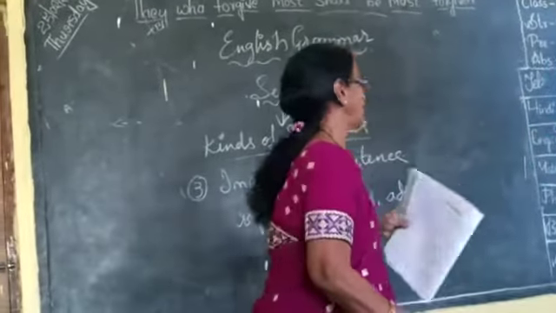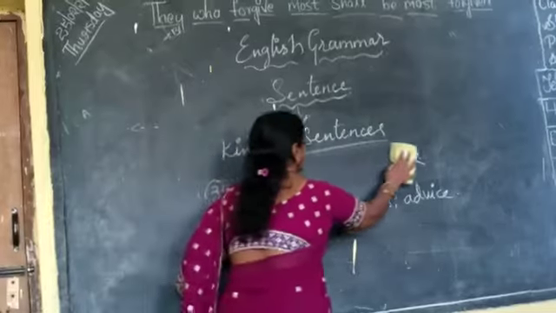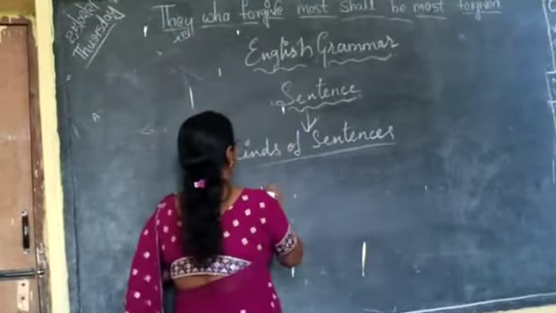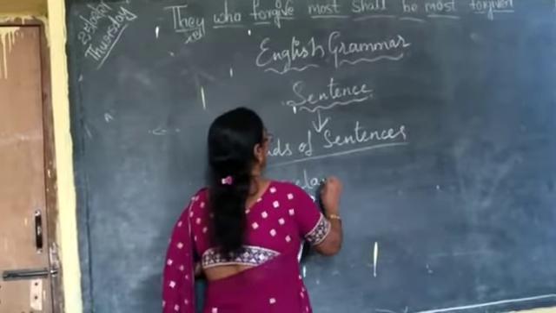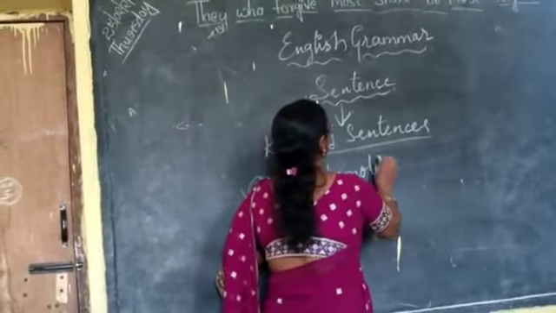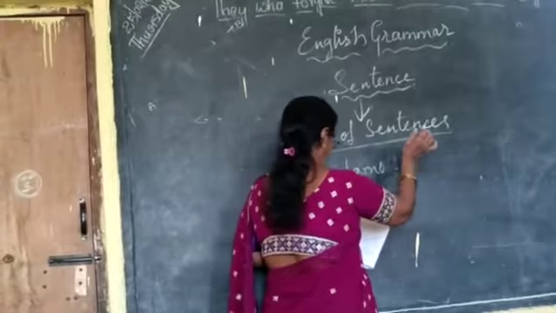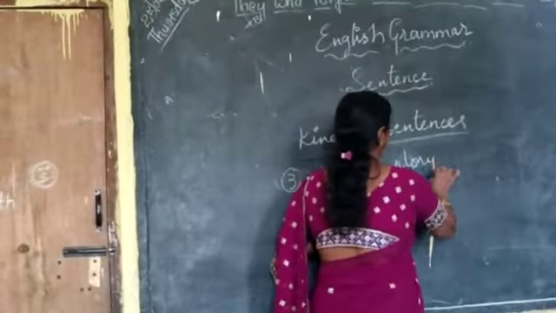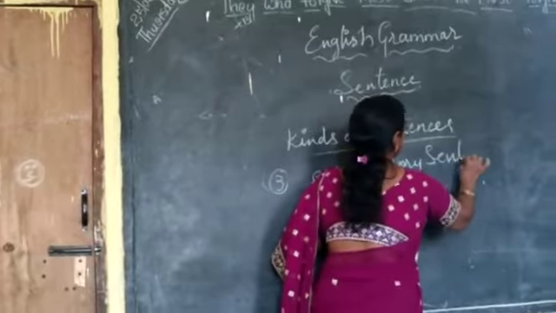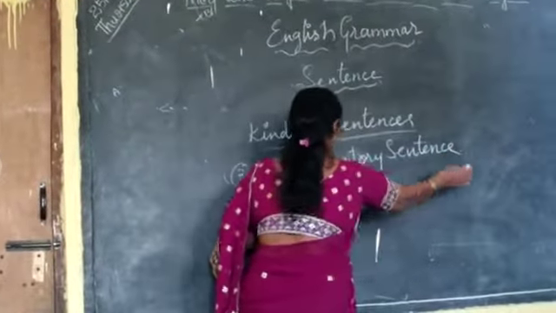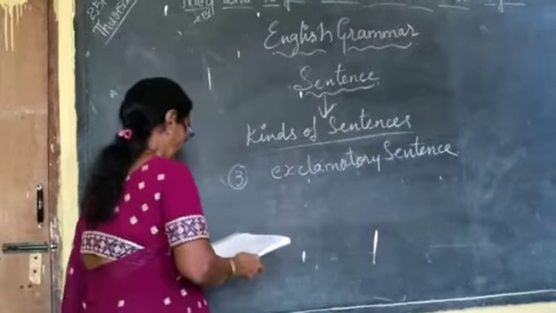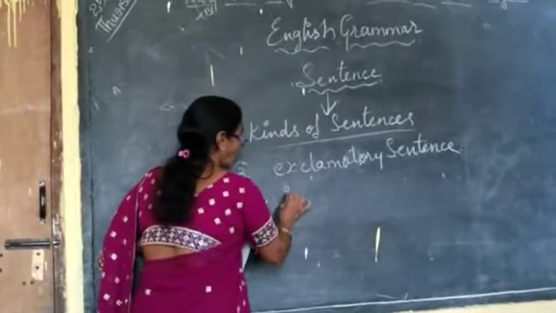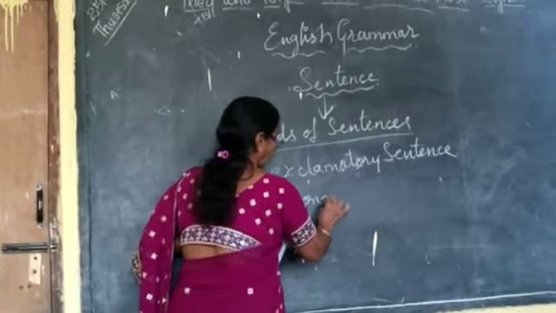Now, the last one is exclamatory. Exclamatory sentence. Now what is exclamatory sentence? It has strong feelings.